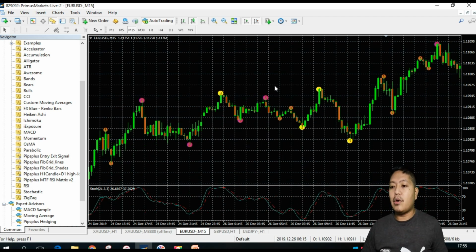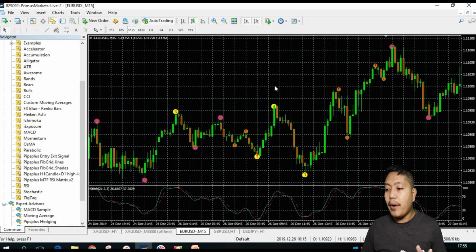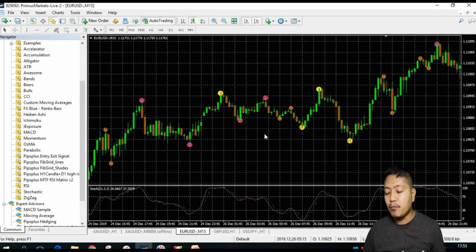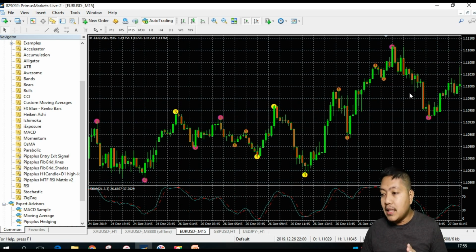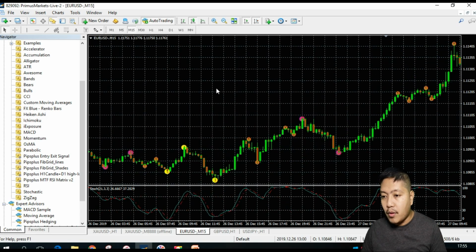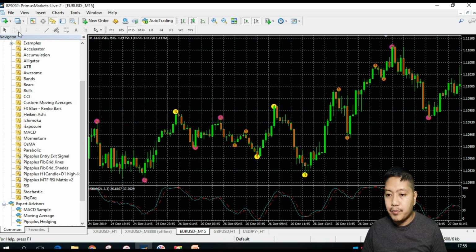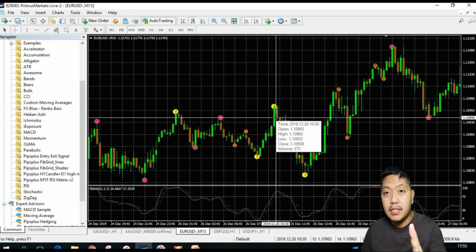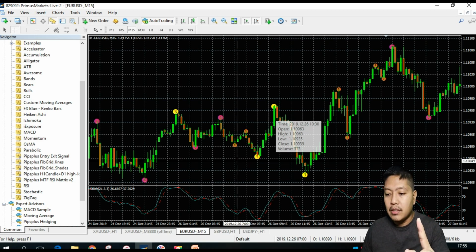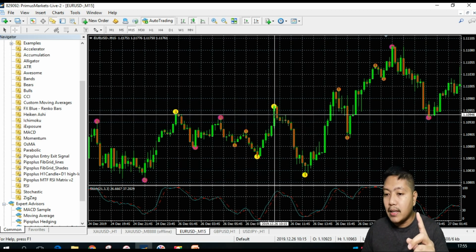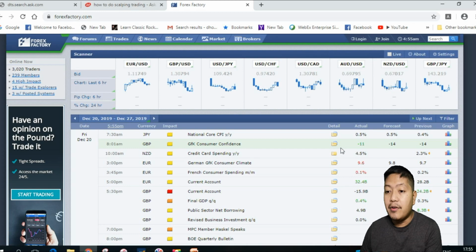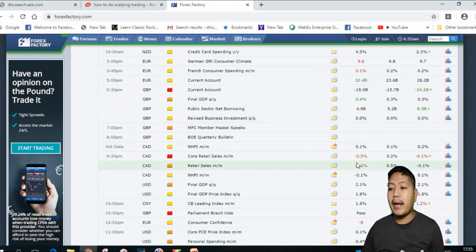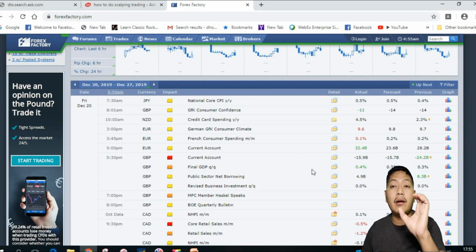Another way of having that is, let's say you are on 15 pips, and the market is moving within an average of 5 pips, especially during news. So you also have to check forexfactory.com, where you can see the particular pairs that you're using.